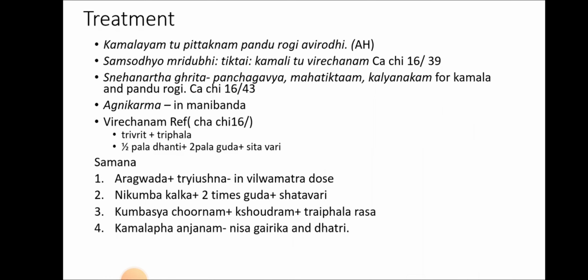And also some Shamana Aushadhis are mentioned: Atakata and Trikadu in Vilva Matra dose, and also Nikumbha Kalka, plus two times Kuda, plus Shatavari and Kumbhasya Churnam, plus Shaudra, plus Triphala Rasa, and also Kamalabaha Anjanam, that is Nishagairika and Dhatri.